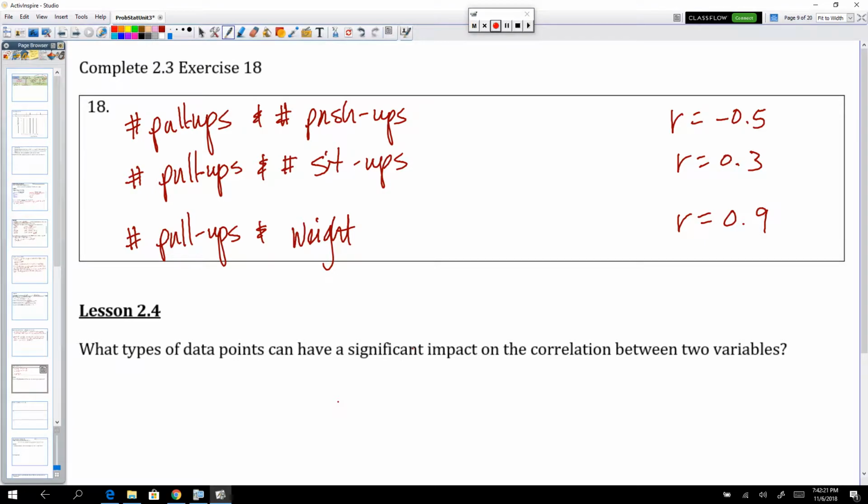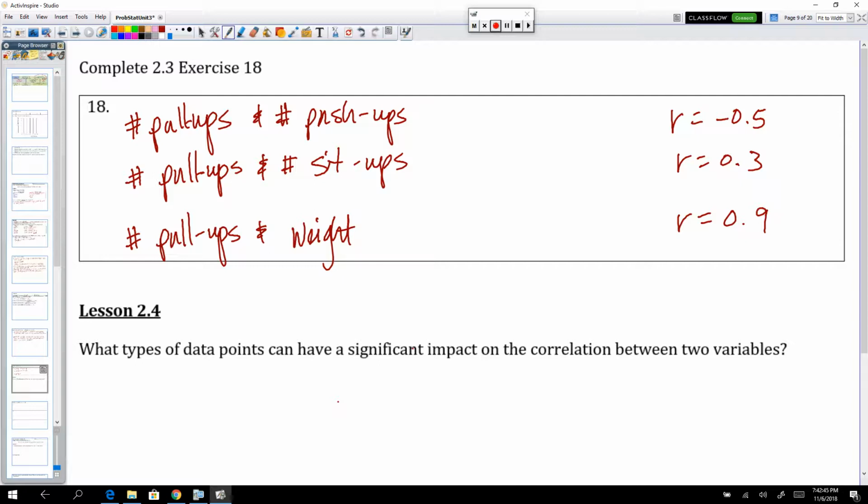And certainly you can argue several different ways on some of these. Let me talk about how the book explains the correlations and the matching. If you have a different idea of what this means, then certainly justify it on your quiz or test and you'll probably get full credit, okay? But let's follow along with the book's reasoning on these. Correlation between number of pull-ups and number of push-ups.